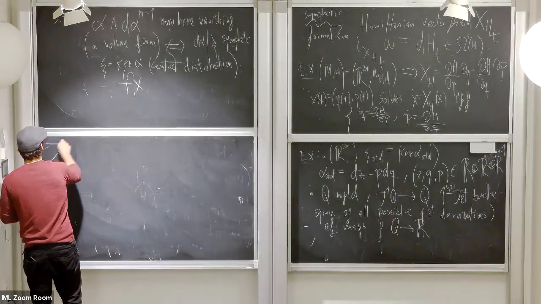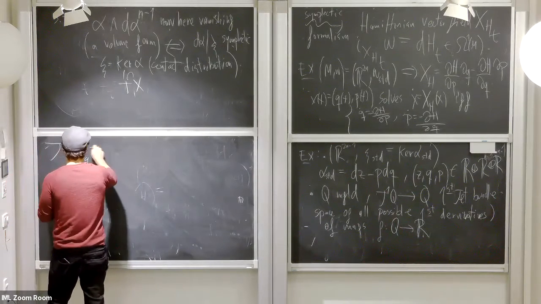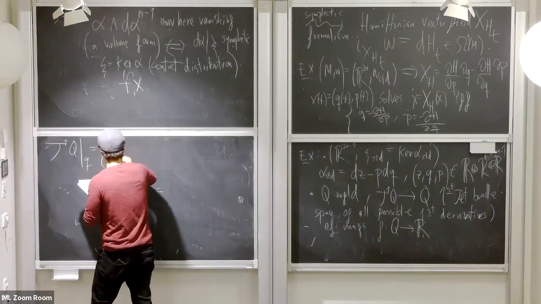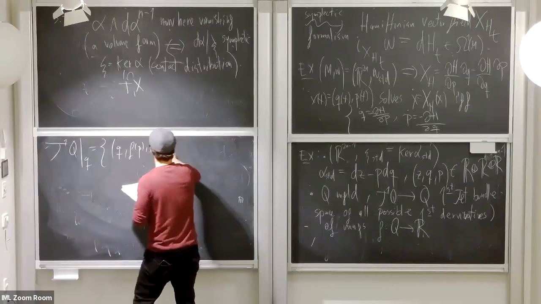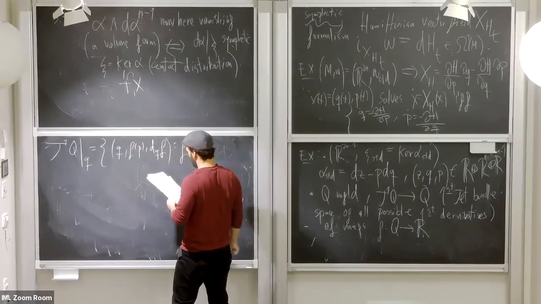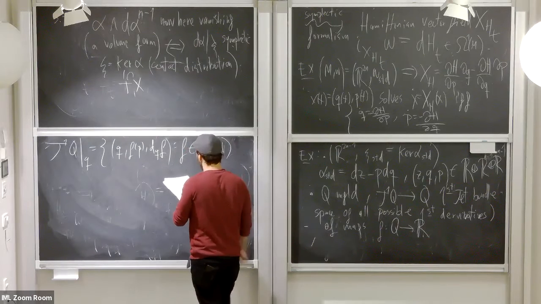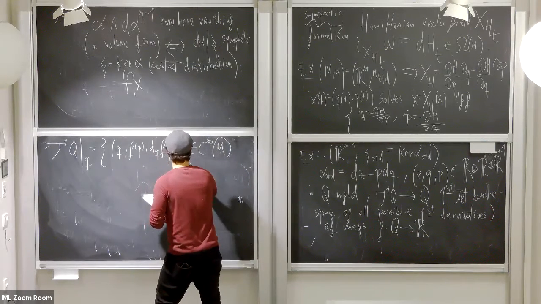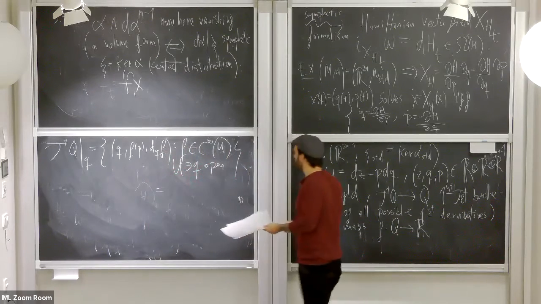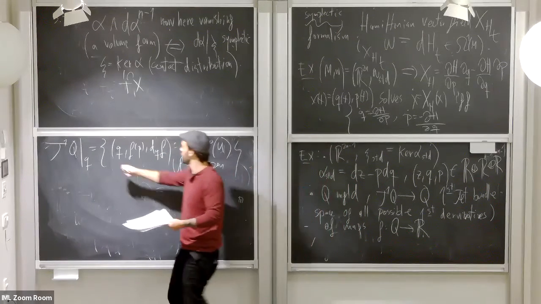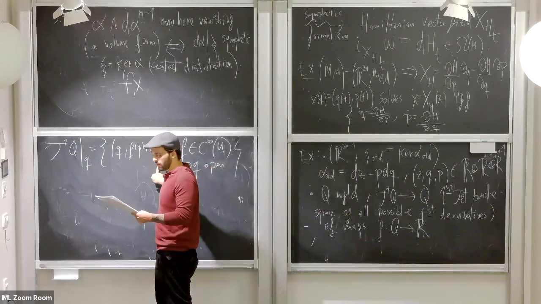So the fiber of J1 over a point Q is just the space of all pairs Q, f of Q, first derivative at Q of f, for all possible functions defined on some open set containing Q. So I look at the germ of all smooth functions around a point, and this is the tuple of first derivatives: the value, and then the first derivative.